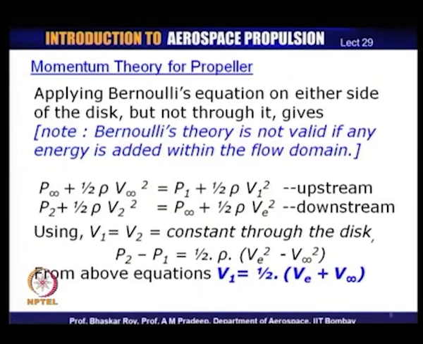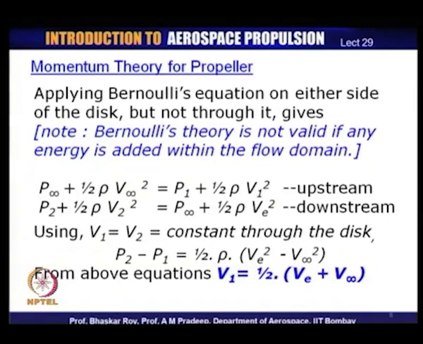So, from far upstream to in front of the disk, we have equality of energy upstream of the actuator disk. Now, downstream of the actuator disk, as we have seen, it acquires a pressure P2, and then it has the kinetic energy half rho V2 squared. V2 we have seen is actually equal to V1, and far downstream we have P infinity plus half rho Ve squared, and that is the downstream Bernoulli's energy equation downstream of the actuator disk.